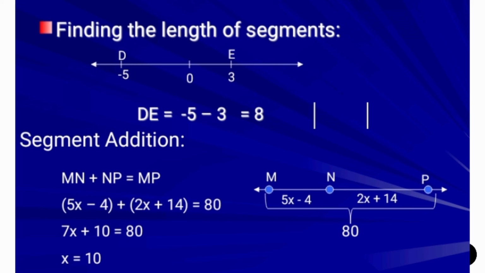So to get the value of x, we can conclude that x is 10. Substitute the value: 7 times 10 is 70, plus 10, so 80 equals 80.